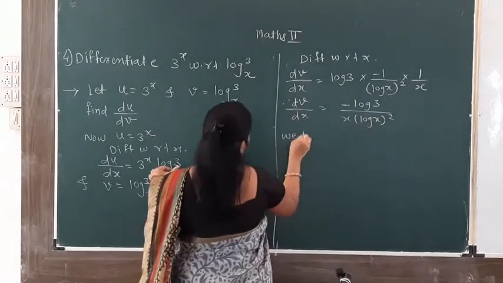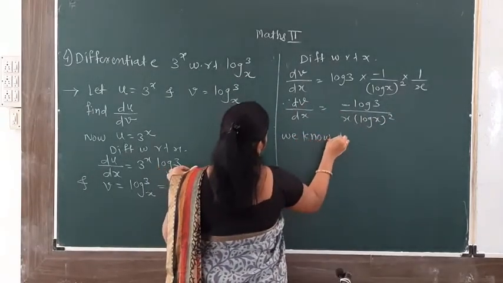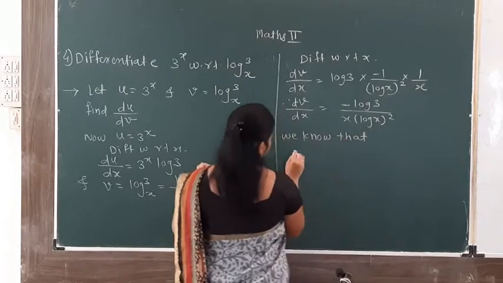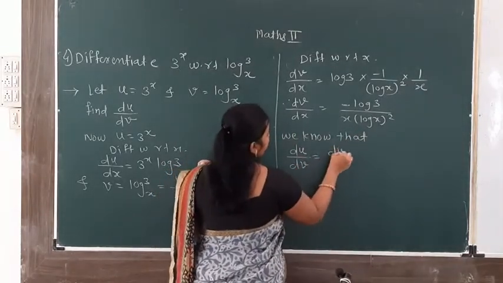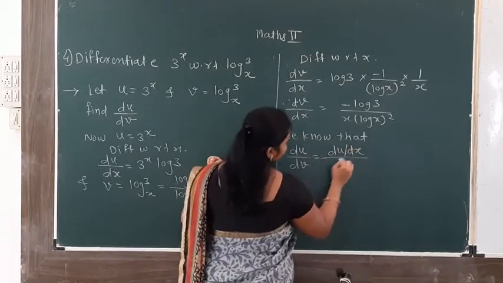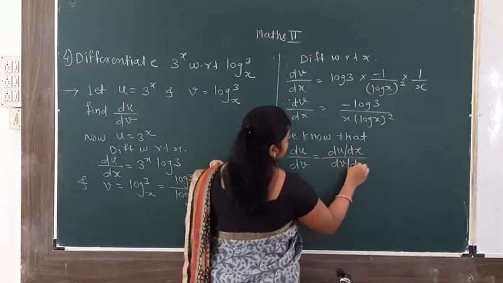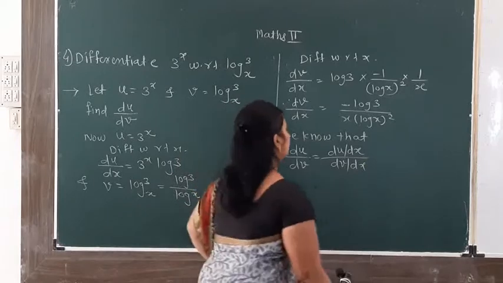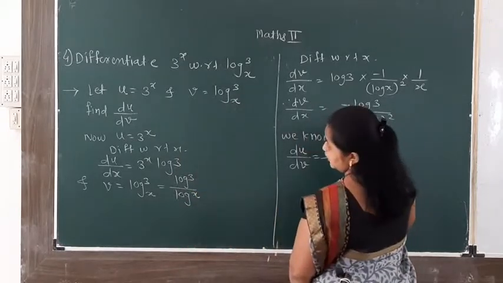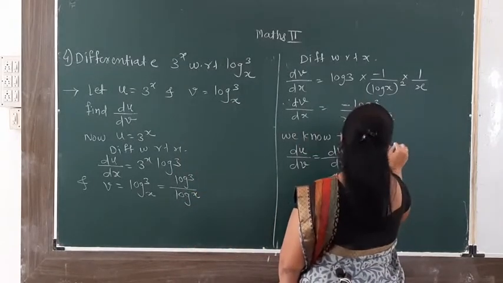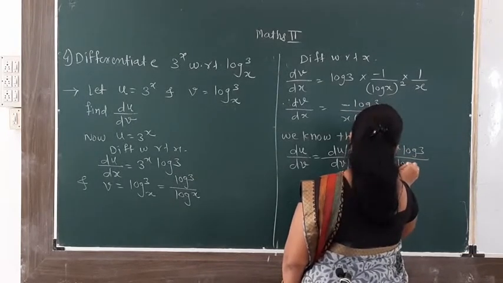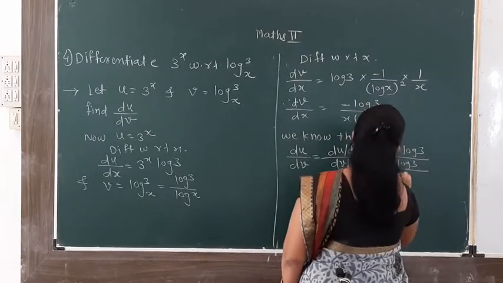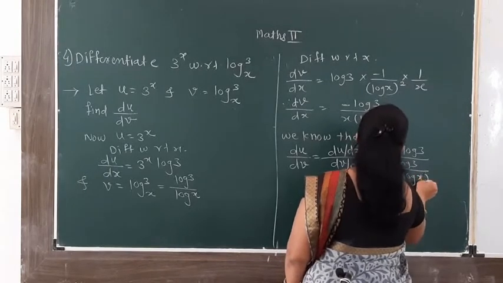So we know that du by dv is equal to du by dx divided by dv by dx. Now substituting the values, we get du by dx, 3 raised to x log of 3, divided by minus log of 3 divided by x log of x whole square.